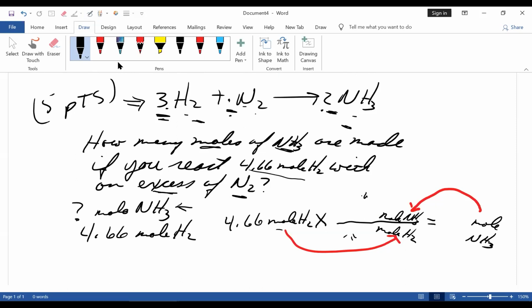Therefore, 3 moles of hydrogen make 2 moles of ammonia. These are exact numbers. Notice I start with 4.66, which has 3 significant figures, so my answer should have 3 significant figures.